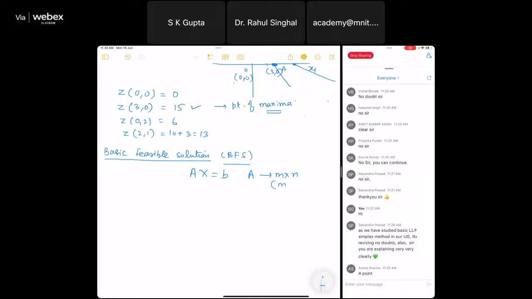Then you put N minus M variables equal to 0. Then we get our new system, which is BxB equal to b, right? Because now you are left with only m equations with m unknowns.